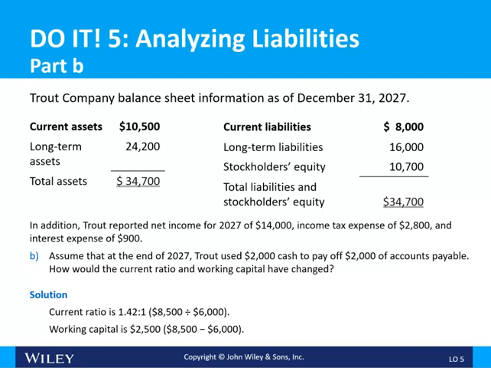So it's 8,500 current assets to the new $6,000 of current liabilities. Our working capital stays the same at 2,500 because we reduced our current assets by 2,000 and our current liabilities by 2,000. So that difference stayed the same.